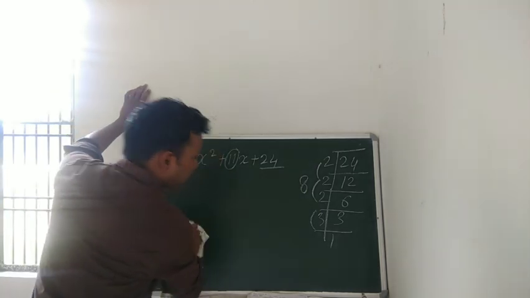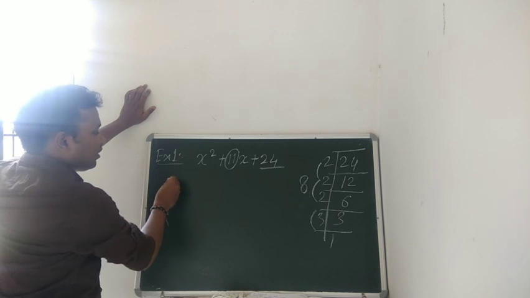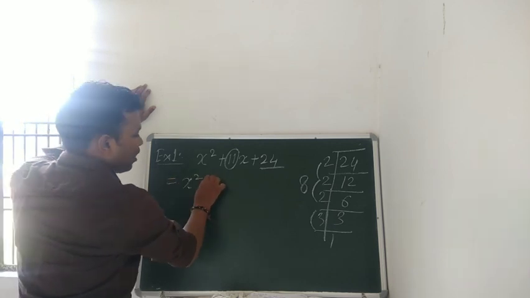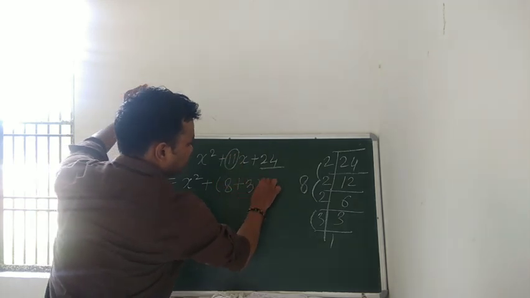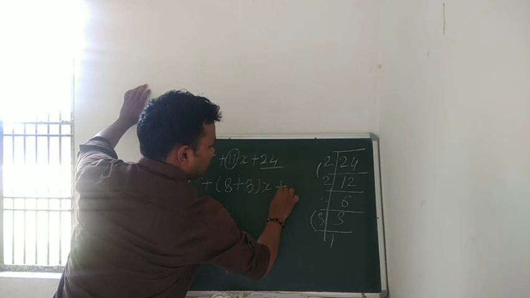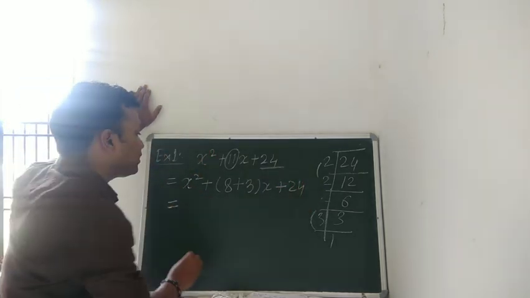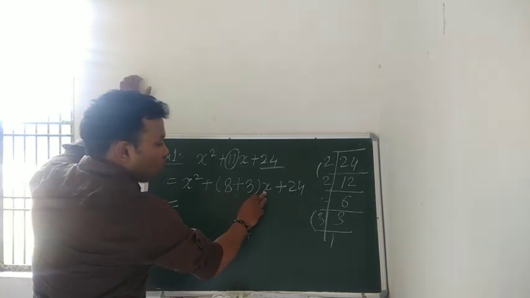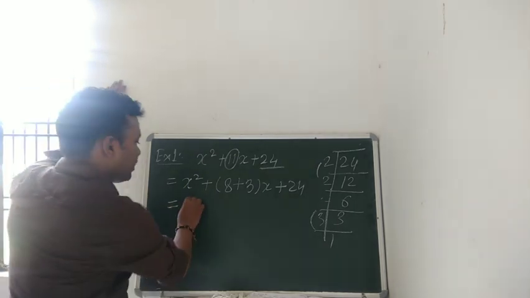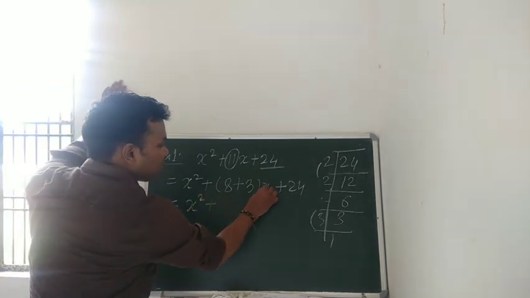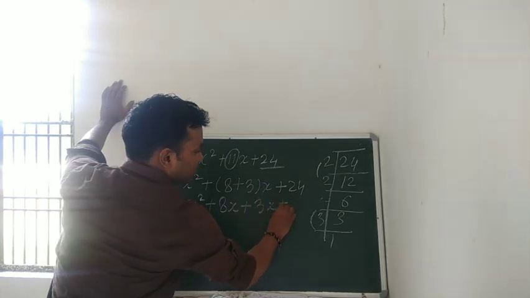So in the next step we will write x square plus, in place of 11 we will write 8 plus 3, x, plus 24. Now students, we will open the bracket and multiply the quantity x which is outside the bracket with all the terms inside the bracket, that is x square plus 8 into x, 8x, plus 3 into x, 3x, plus 24.